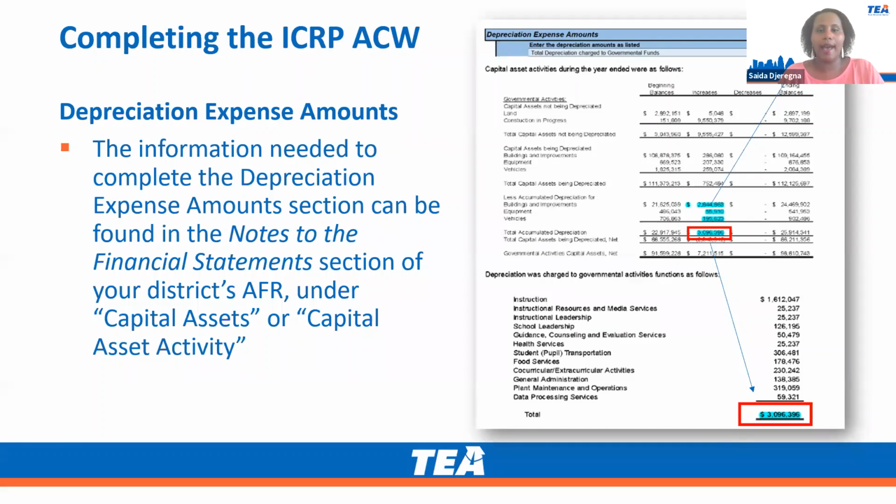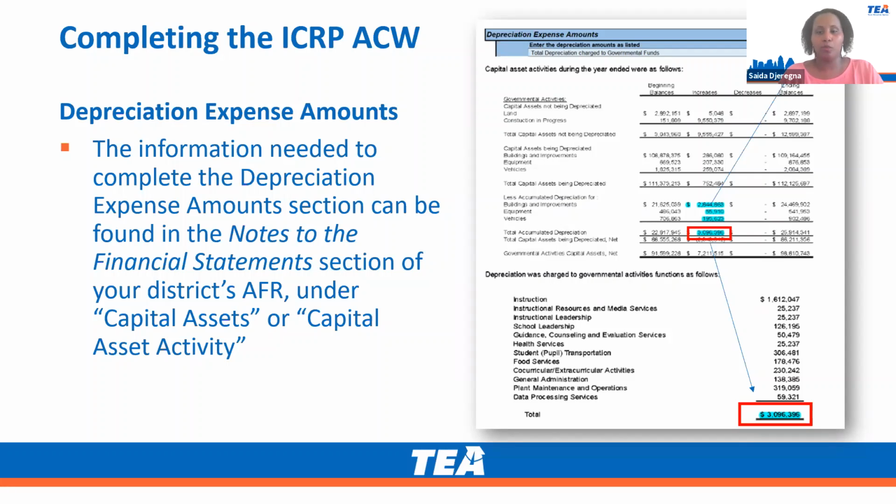Next, we have depreciation expense amount. Enter the total depreciation expense charged to governmental activities for buildings, improvements, and furniture, equipment, vehicles. Depreciation expense is one critical expense to report and is required to report.